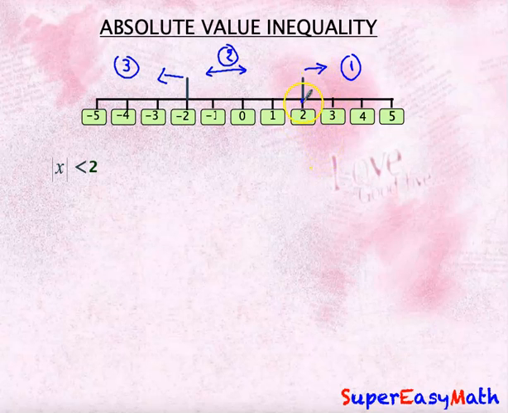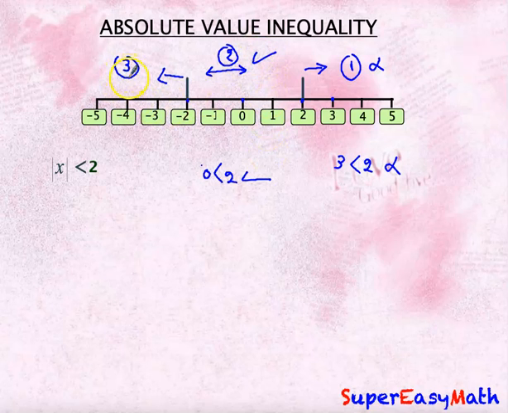So for x greater than 2, just take any value greater than 2, for example 3, and plug it here. Absolute value of 3 equals 3, smaller than 2, which is false. So here we have no solution. What about part 2? When x lies between minus 2 and 2, take any value, for example 0, and plug it here. Absolute value of 0 equals 0, smaller than 2, which is true, so we have a solution here.